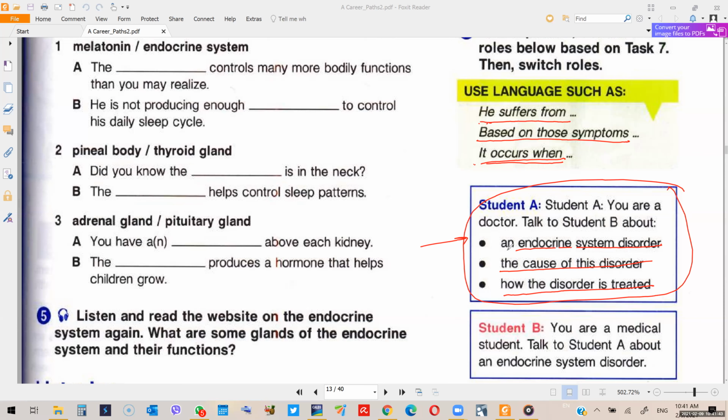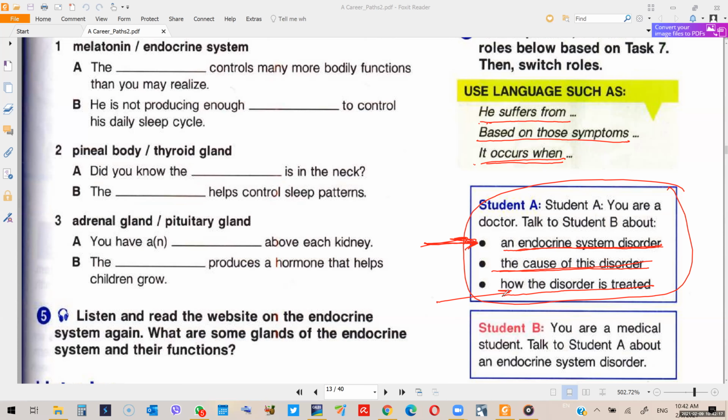So you have to give, so if this is the case of a patient, so you have to describe the case, then what is the cause, or what are the symptoms of this, or what are the causes of this disorder or this disease. Then you have to give finally the treatment.